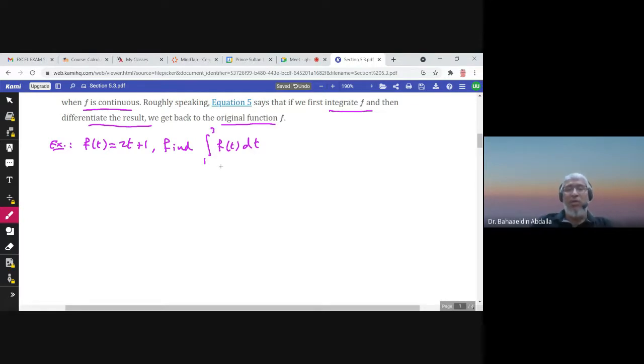I will find the integral by the area method, by graphing the function and finding the area below this function from 1 to 3. At 1, 2 times 1 plus 1 is 3, and at 3, 2 times 3 plus 1 is 7.